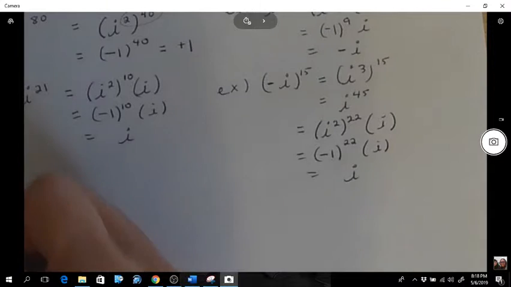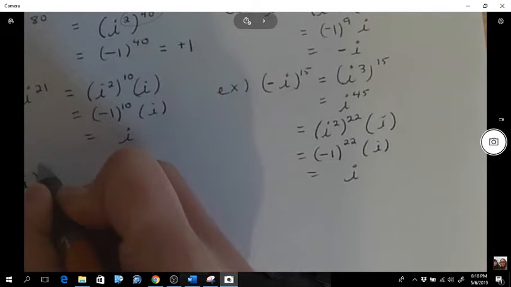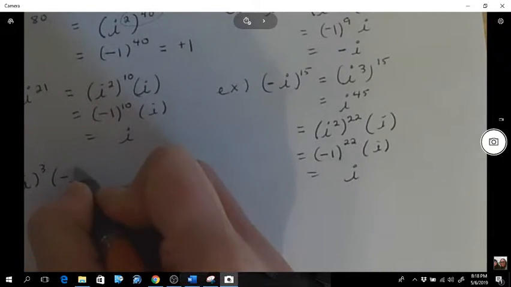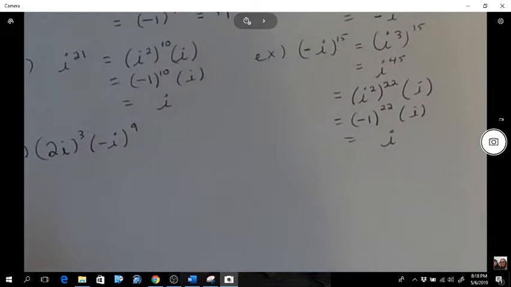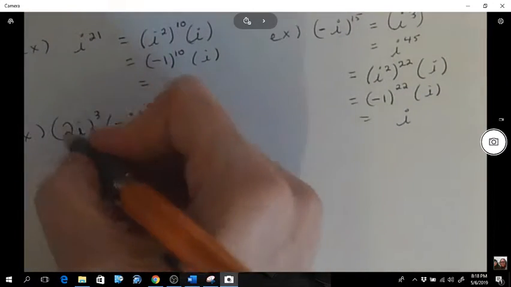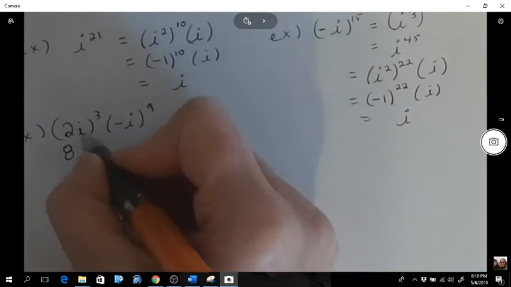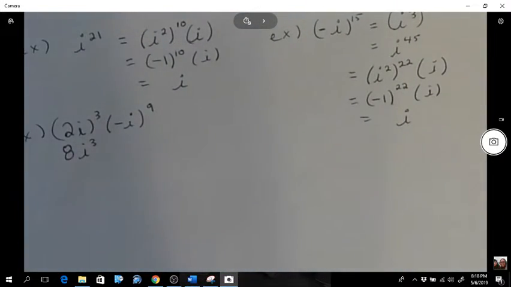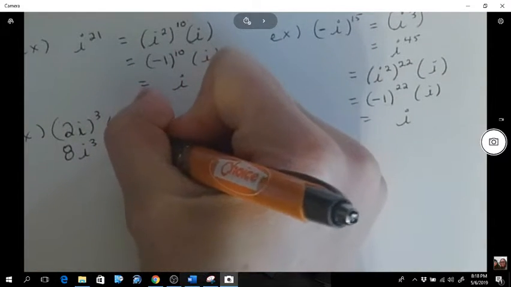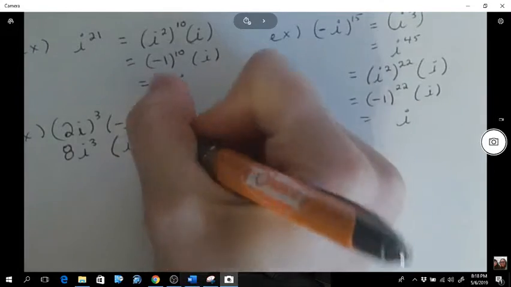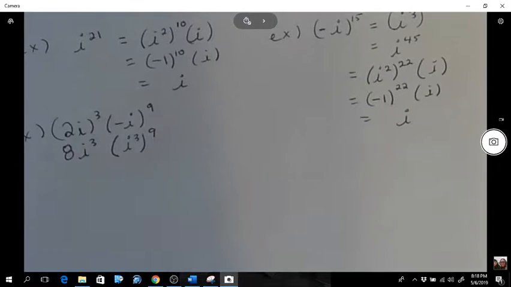Okay, let's check out this example. 2i in brackets cubed times negative i to the 9th. Okay, so this would become 8i cubed, right? Because you have to also cube the 2. And then I'm actually going to rewrite this as i cubed to the 9th, because negative i can be replaced with i cubed.